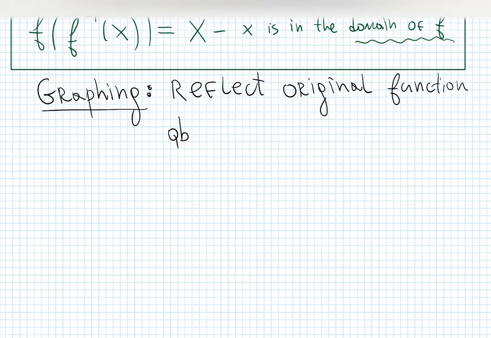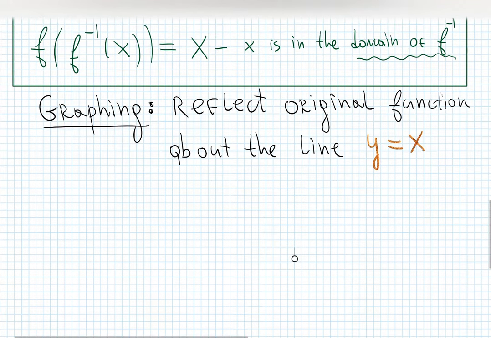That's how I call it, but basically it's not a mirror, it's a line called y equals x. Y equals x will serve you as a mirror. That's the idea.